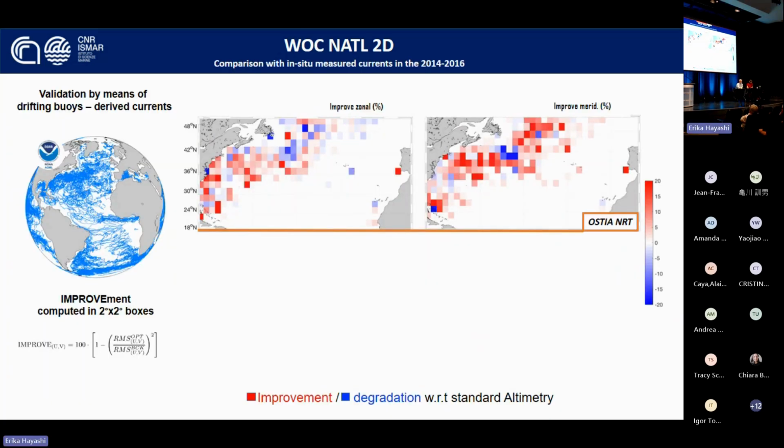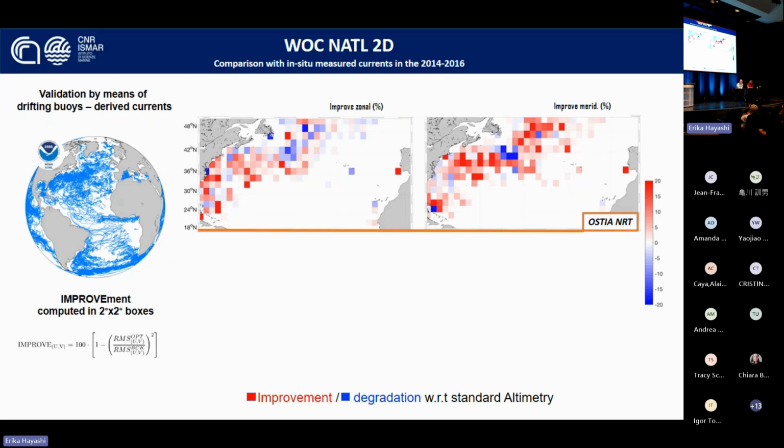Going on with more quantitative results, here I am presenting, on a 3-year long period, on 2 degrees by 2 degrees boxes, the percentage of improvement of the surface currents after the correction with SST with respect to standard altimetry, using in-situ measured currents as a benchmark and relying on an improvement index, which is presented here.